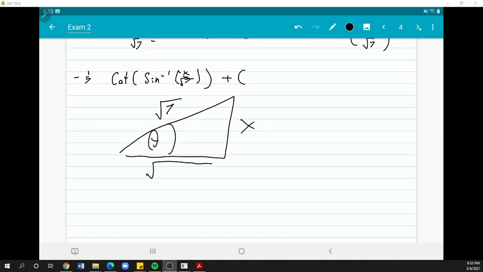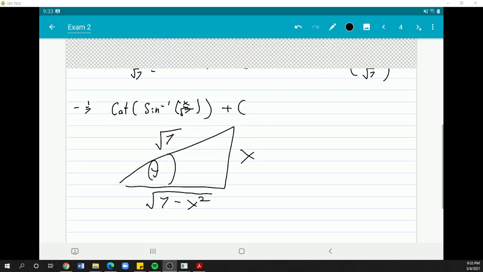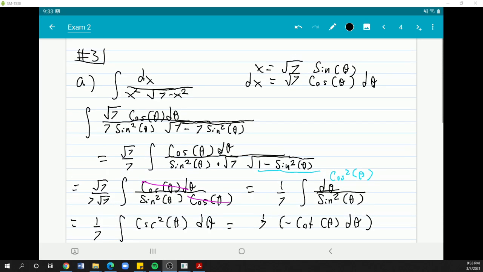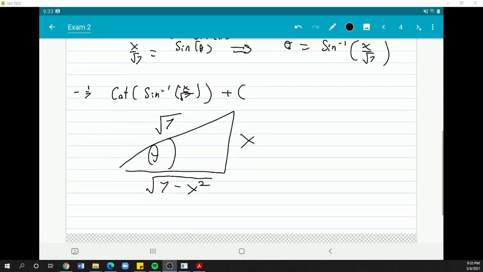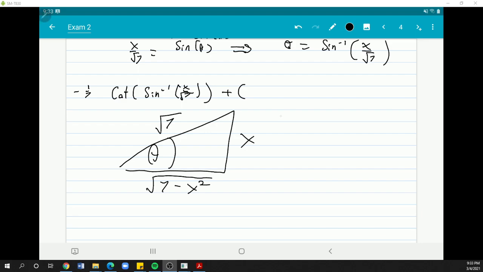So this side is the square root of root 7 squared, also known as 7, minus x squared. You know you did the triangle right because whatever radical you get appeared in the original problem. That's a big bonus to doing this trig substitution. So the square root of 7 minus x squared, that looks promising.